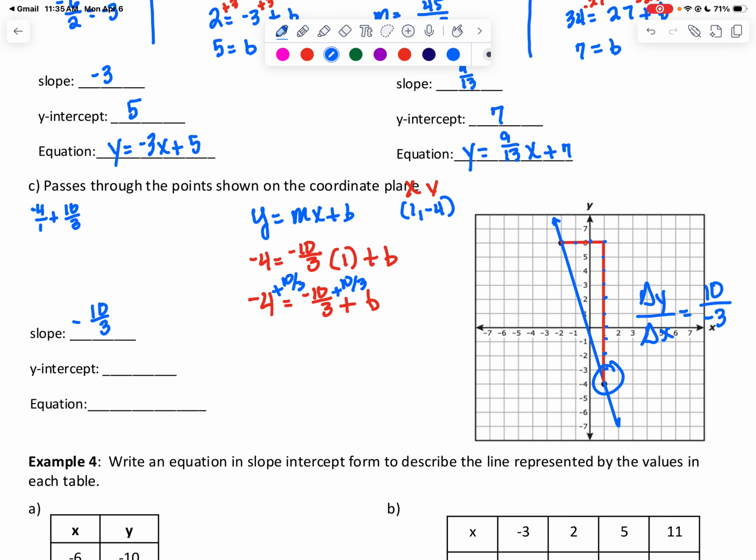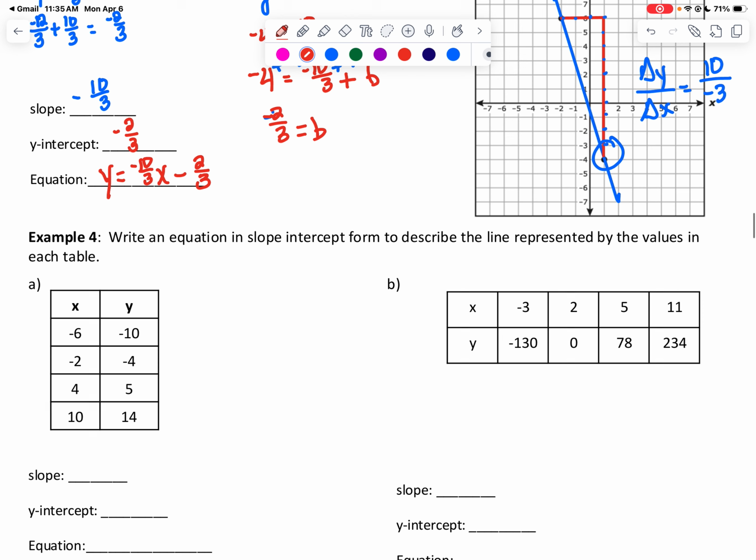I need a common denominator of 3, so this would be negative 12 over 3 plus 10 over 3, which would be negative 2 over 3. So negative 2/3 is equal to b. Now put those together in the equation. Y equals negative 10/3 x minus 2/3.